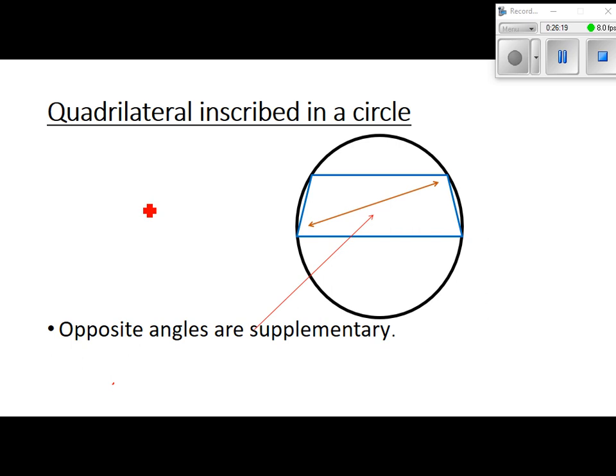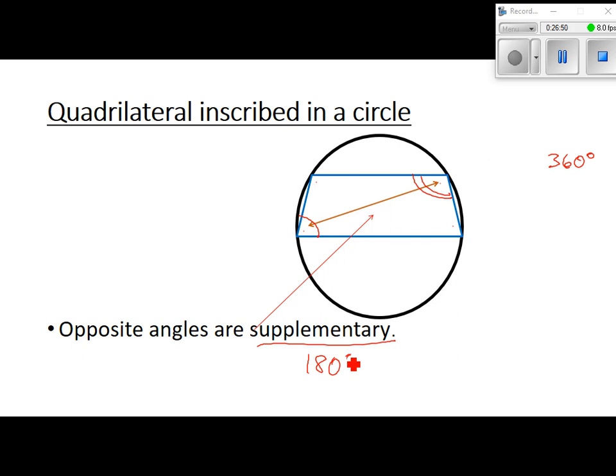If a quadrilateral is inscribed in the circle, we know a quadrilateral is 360 degrees. All the interior angles in a quadrilateral have to add up to 360. The other thing that we know using some of this stuff with circles, when it's inscribed in there, these opposite angles, this angle and this angle, have to be supplementary, which means they have to add up to 180 degrees.